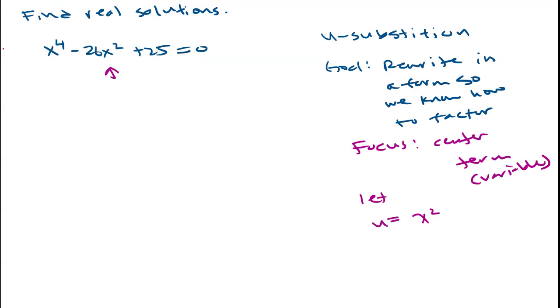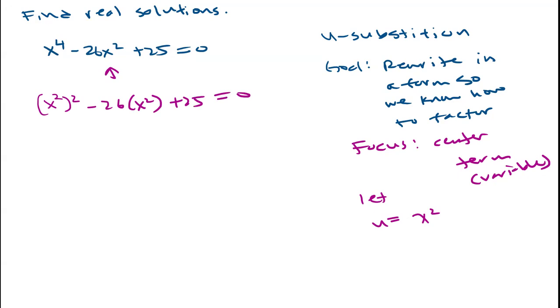Now, before we do that, let's go ahead and rewrite this. So x to the 4th I can rewrite as x squared, squared, right? Because 2 times 2, a power raised to a power, is going to give us 4 if we multiply. And then here I have minus 26 x squared plus 25 equals 0.